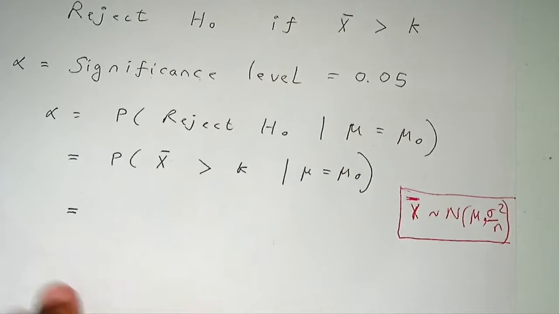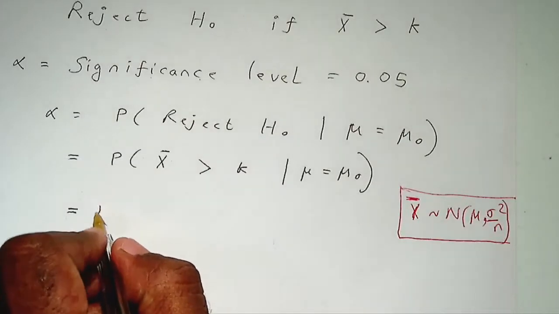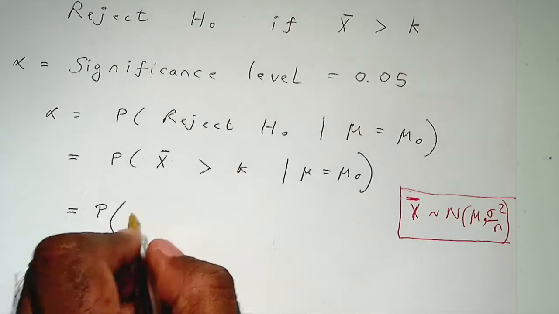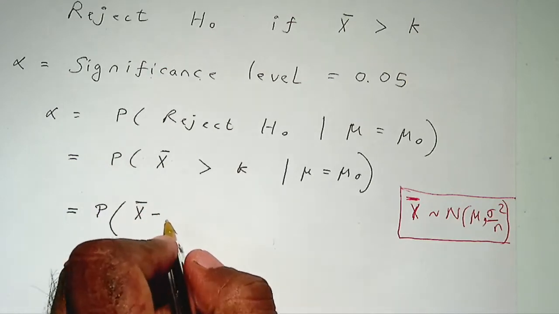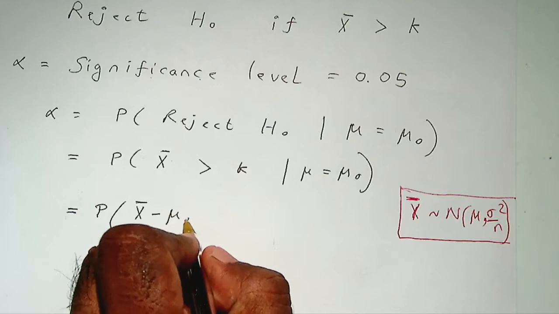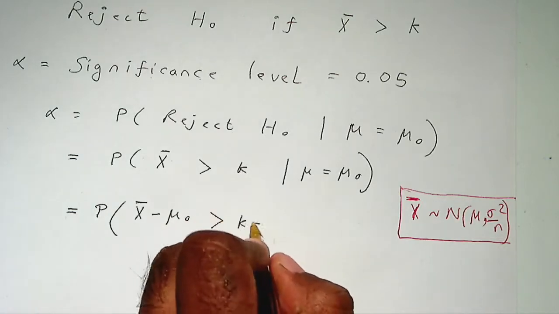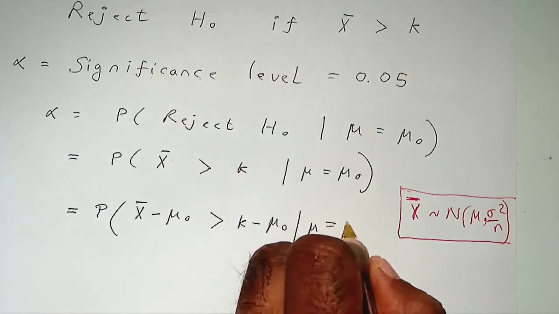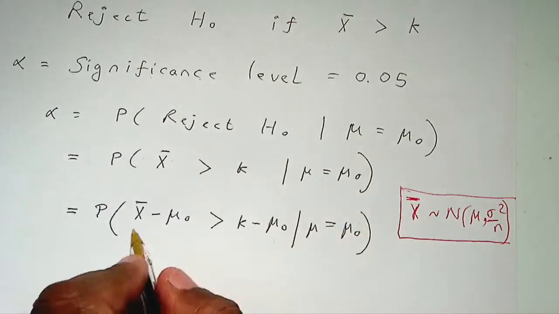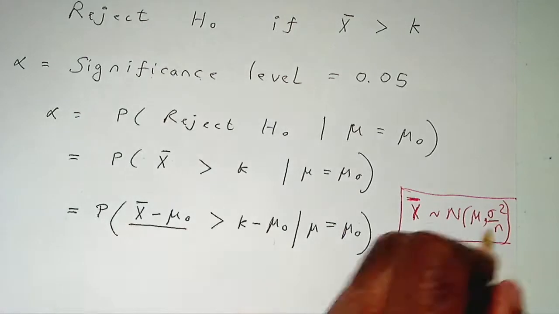So I'm going to subtract mu 0 on both sides and divide by sigma squared by n.